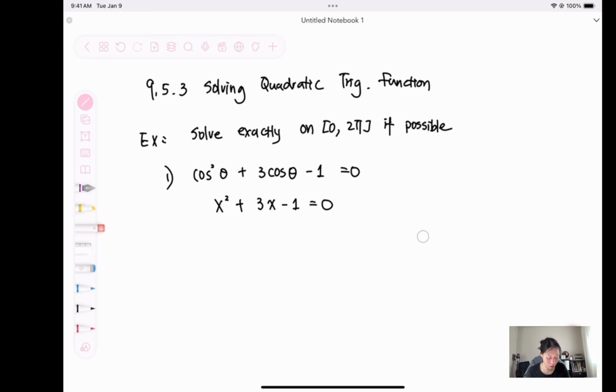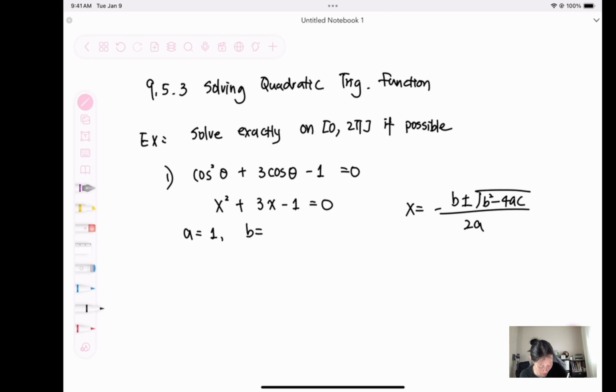Nope. So if it doesn't work, we can use the quadratic formula, which is x equals -b plus or minus the square root of b squared minus 4ac, over 2a, where in this specific case a is equal to 1, b equals 3, c equals -1.